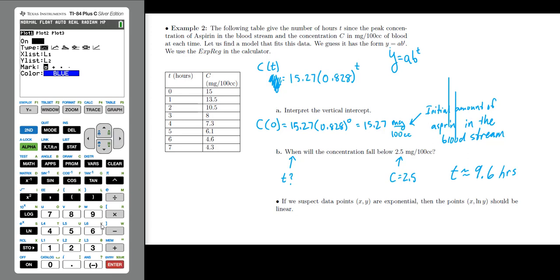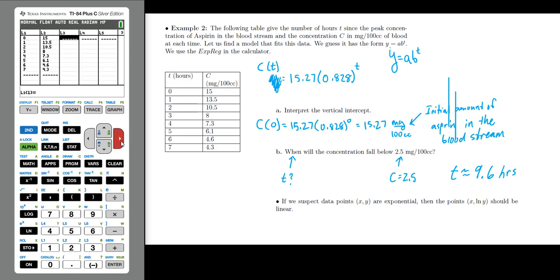Because instead of looking at the original data points x and y, I want to look at x natural log of y. So the quick way to do that is to go to Stat and Edit. And then in list 3, I'm going to highlight the title and type in the natural log of all of the y values.